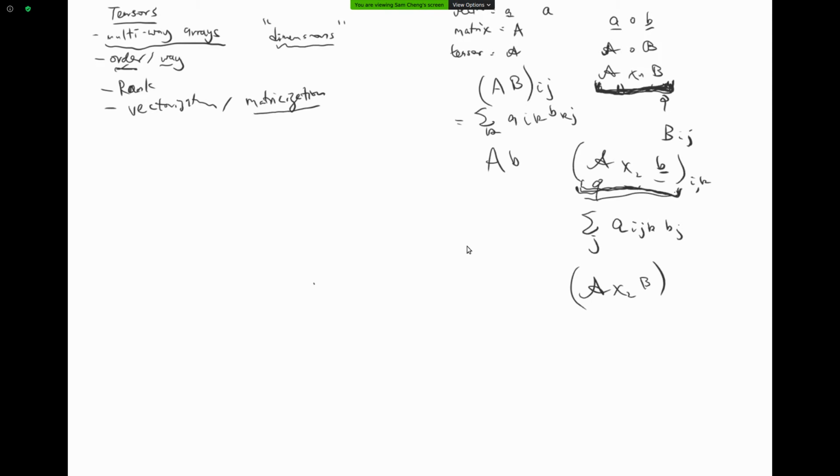Unlike the mode n multiplication with a vector, where the number of ways decreases by 1, just like a matrix multiplied by a vector gives you a vector. But if you have a matrix multiplied with a matrix, it's still a matrix.